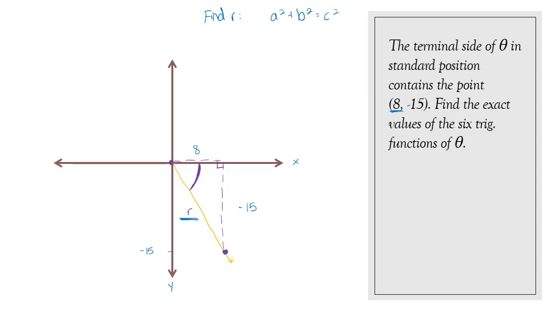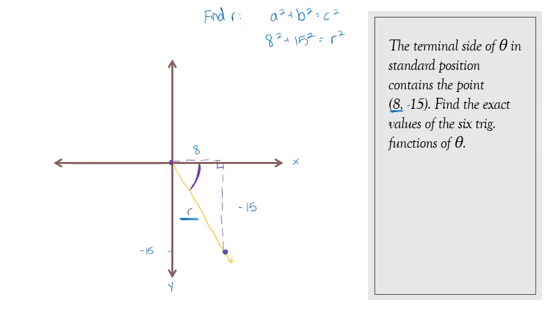But a squared and b squared are legs of the triangle, not the hypotenuse. So that's 8 squared and 15 squared. And c, my hypotenuse, is actually r in my specific little triangle here.